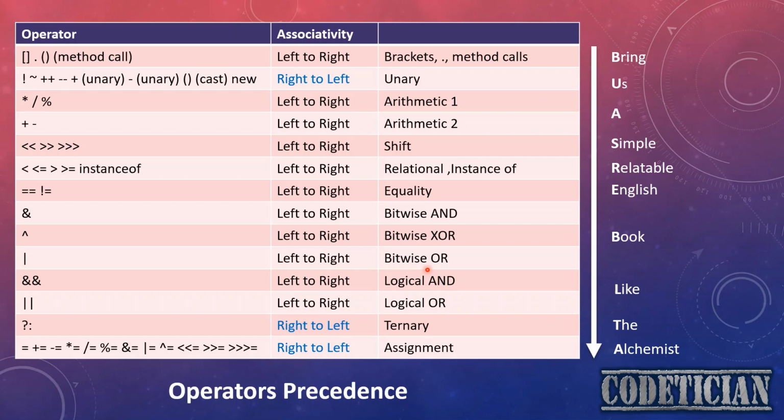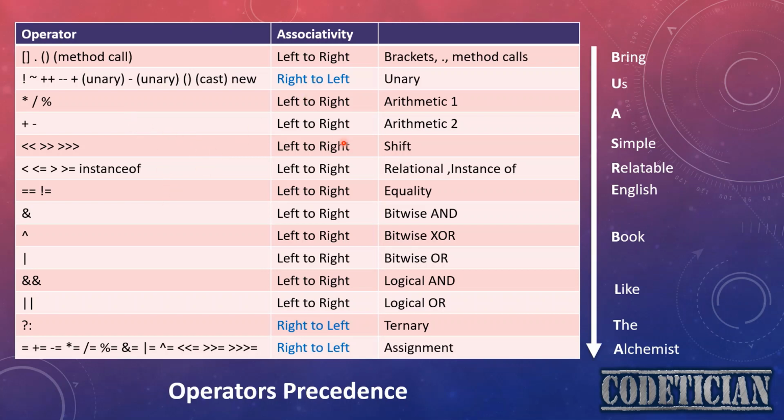When I explain associativity, I'm going to tell you that with brackets you can always determine which operator or which expression you want to be evaluated first. But just for knowledge, and maybe for interviews, you can learn this sequence with the help of this English sentence, bring us a simple relatable English book like The Alchemist. Here we have method calls, unary operators, all kinds of operators. You can probably take a snapshot.